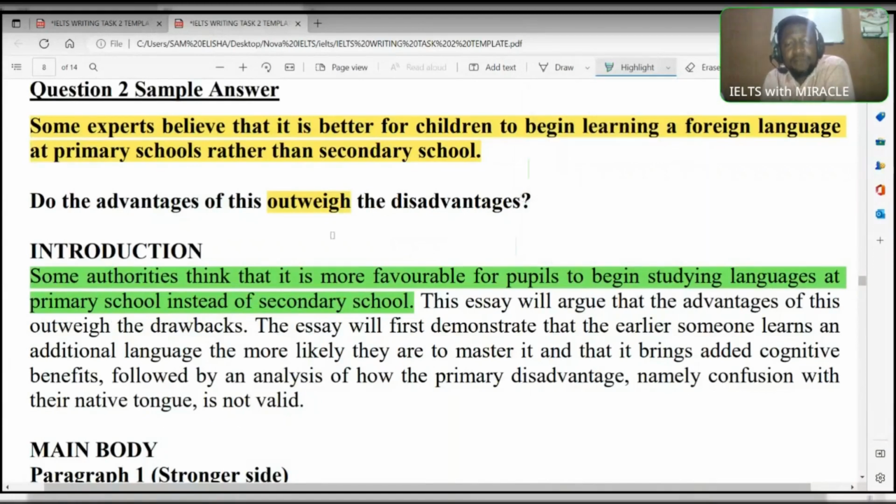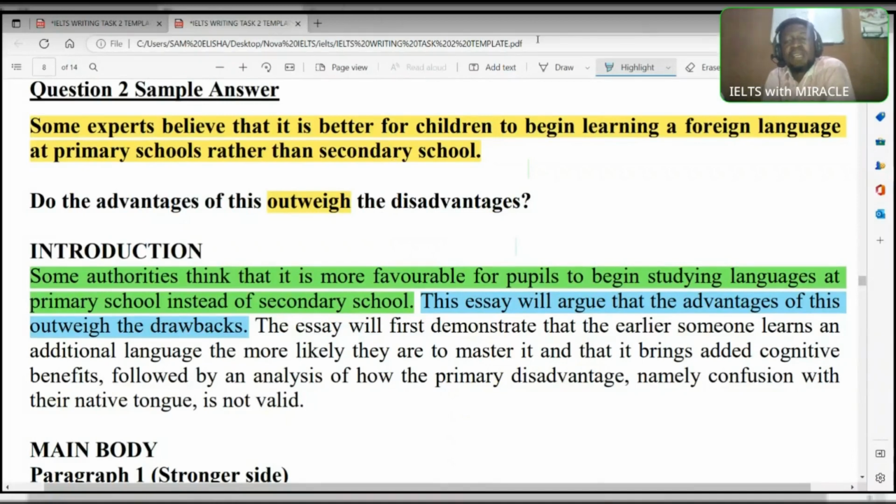Now we will go to the thesis statement, and the thesis statement is in blue. This essay will argue that the advantages of this outweigh the drawbacks. That is the thesis statement. Now let's quickly look at the outline sentence.